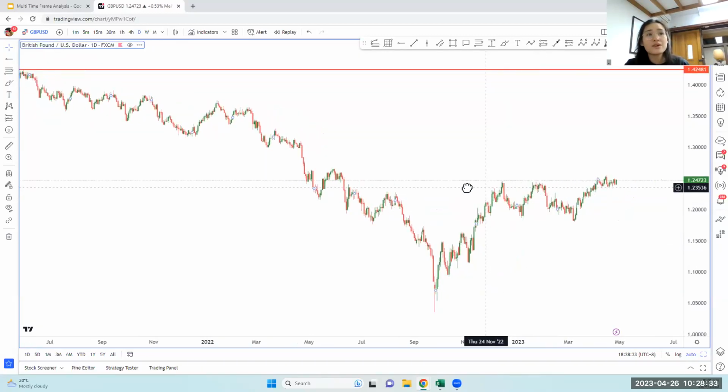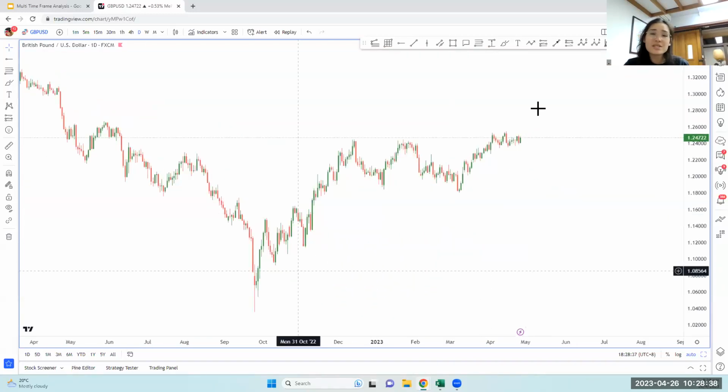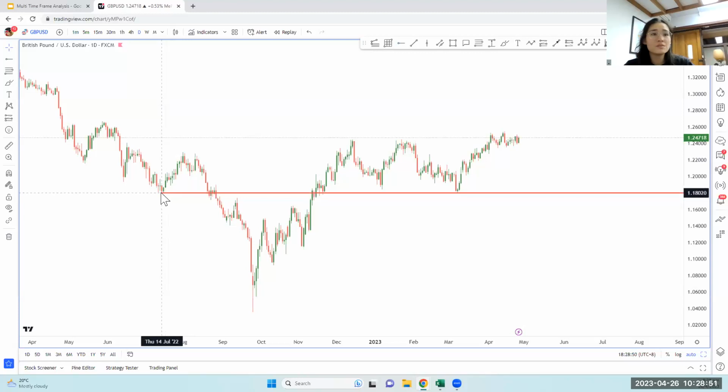So here we have the daily time frame. Once again, you can see price moving in an upward direction. Okay, and we can do the same thing here. Here we have a support level.